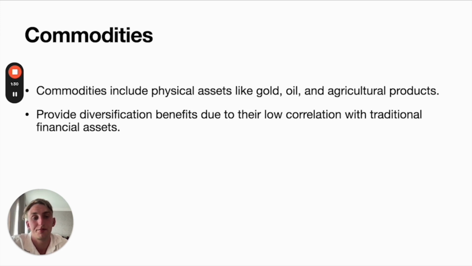Onto commodities. These include physical assets like gold, oil, and agricultural products. Commodities provide diversification benefits due to their low correlation with traditional financial assets. For example, gold is often viewed as a safe haven asset, preserving value during times of economic uncertainty and inflation.